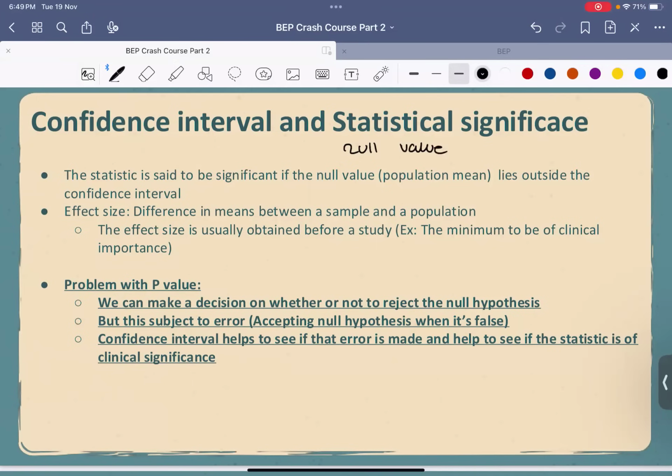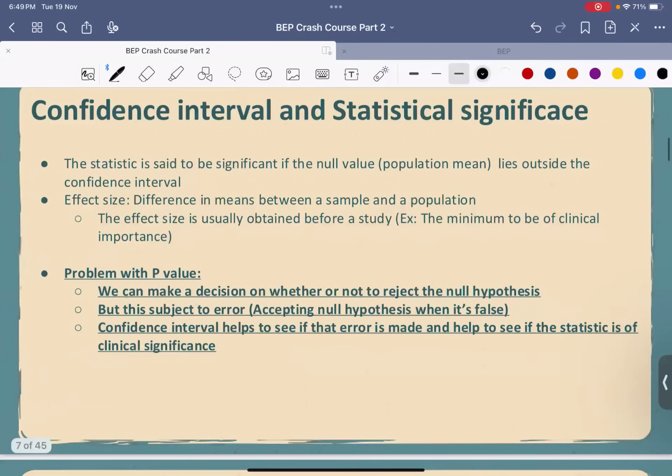And the cutoff, as we said, is, let's say for p, 0.05, because we have a null value for the means itself, okay? If it crosses that null value, then we say that the null hypothesis is false. And if it doesn't, then we say that the null hypothesis is true. And we'll see that in a graph in a bit, okay? Now, we also have something called effect size. So now we have, is the data statistically significant or not based on statistics?